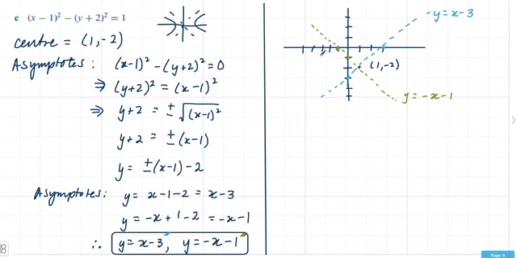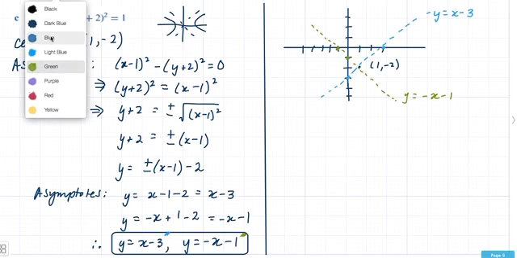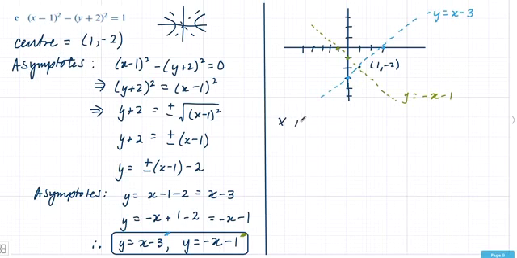So they're your asymptotes. Now, looking at this, we're not going to need y-intercepts because we're not far enough over to intercept here. So we can just look for our x-intercepts, similar to how we've done before. x-intercepts, that's when y equals 0.